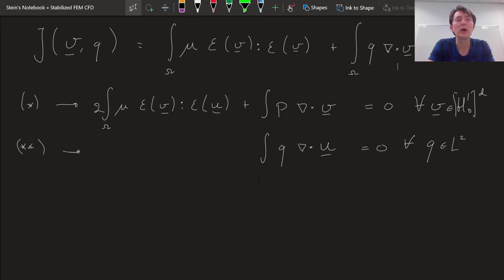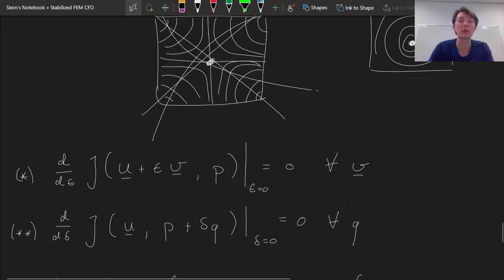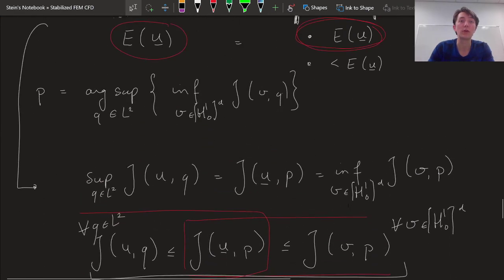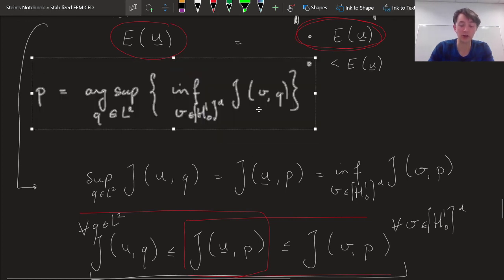I guess the last thing that I would like to point out, just for those of you who are familiar with this terminology, is that the pressure now has shown up as the Lagrange multiplier corresponding to the incompressibility constraint. So we have to add in a constraint, and that introduced this dual problem for which we denoted the solution as P. So that is actually how the Lagrange multiplier is defined, and for the incompressibility constraint, the Lagrange multiplier is the pressure.